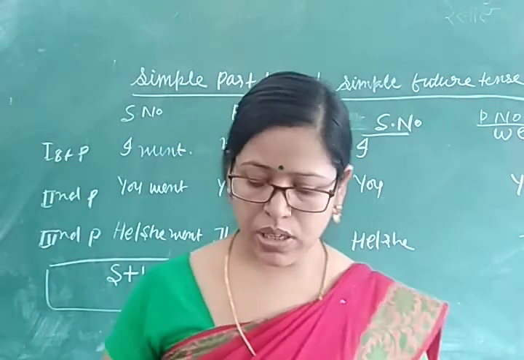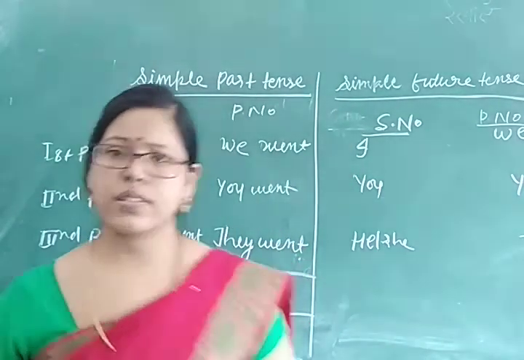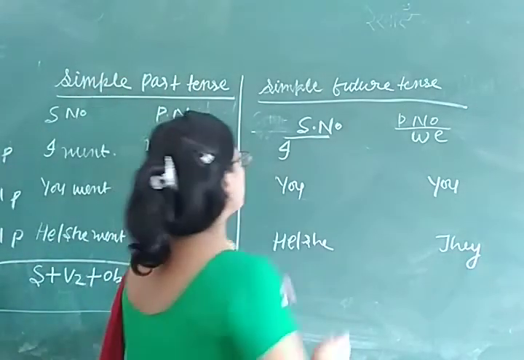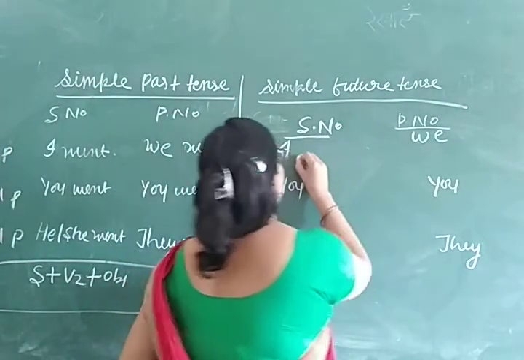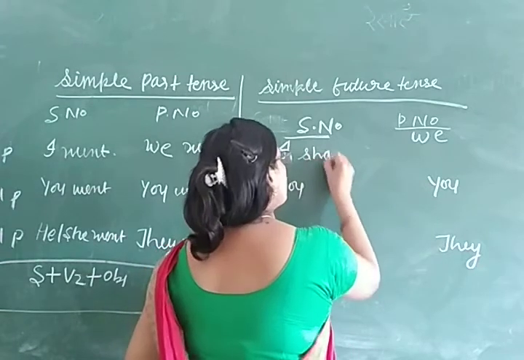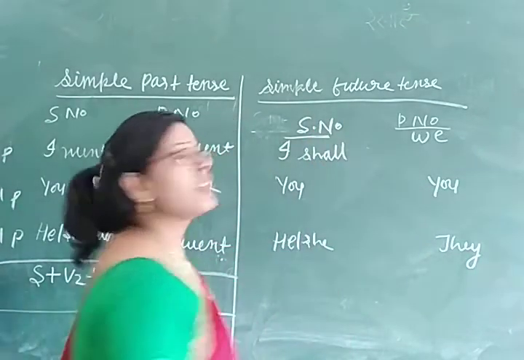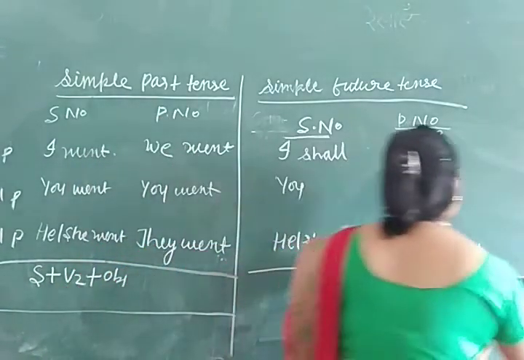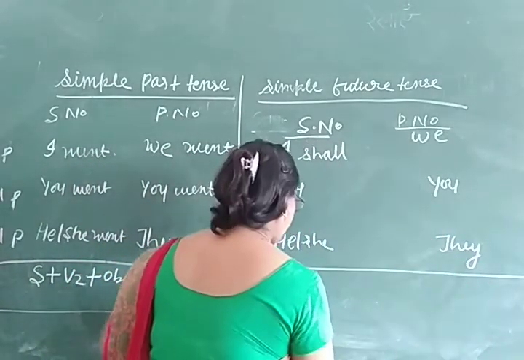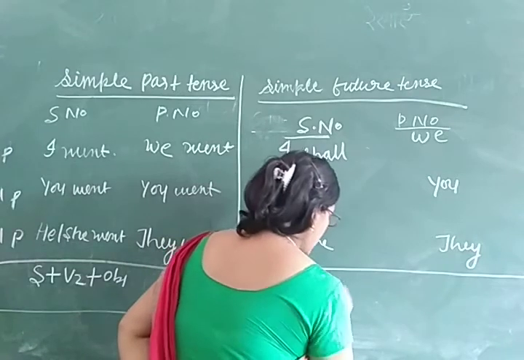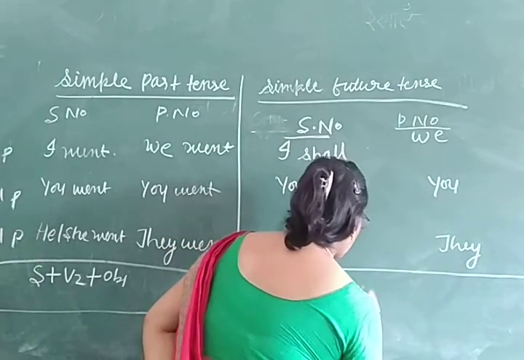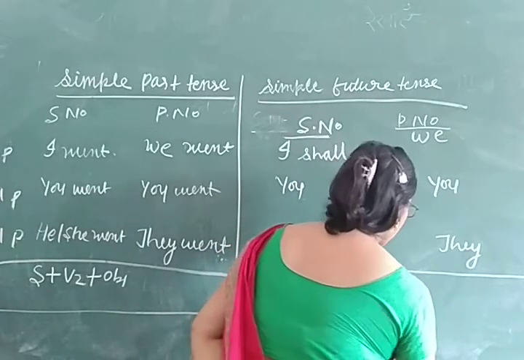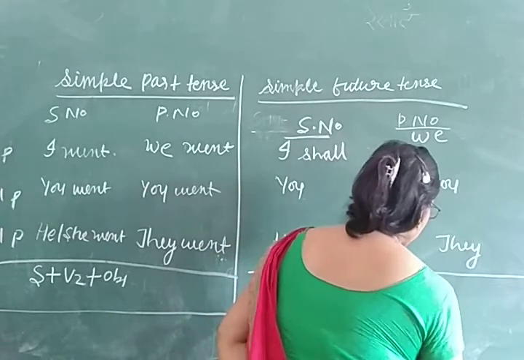Now come to the simple future tense. So here, I shall. You know, in this simple future tense, what is the structure of this simple future tense? Subject plus shall or will plus V1 plus object.